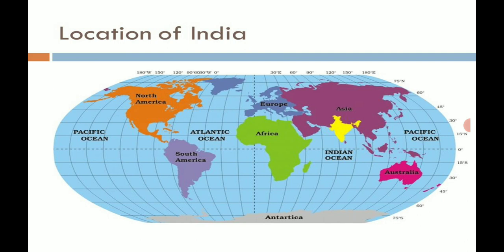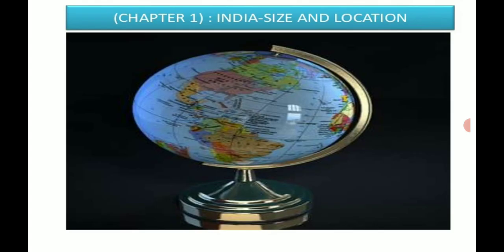The lines that you can see here, we call them longitudes and latitudes, and we shall also learn about longitude, the meaning of latitude, and also hemisphere. Let us look at this in a closer manner.